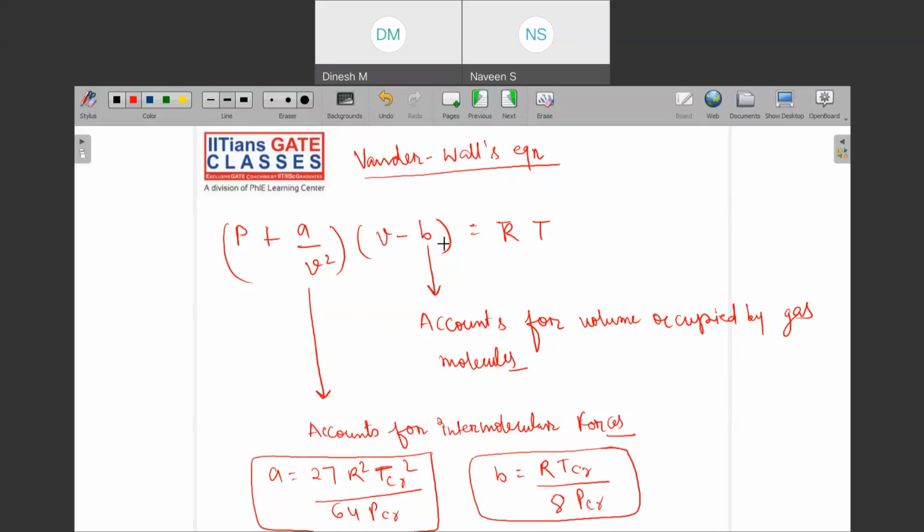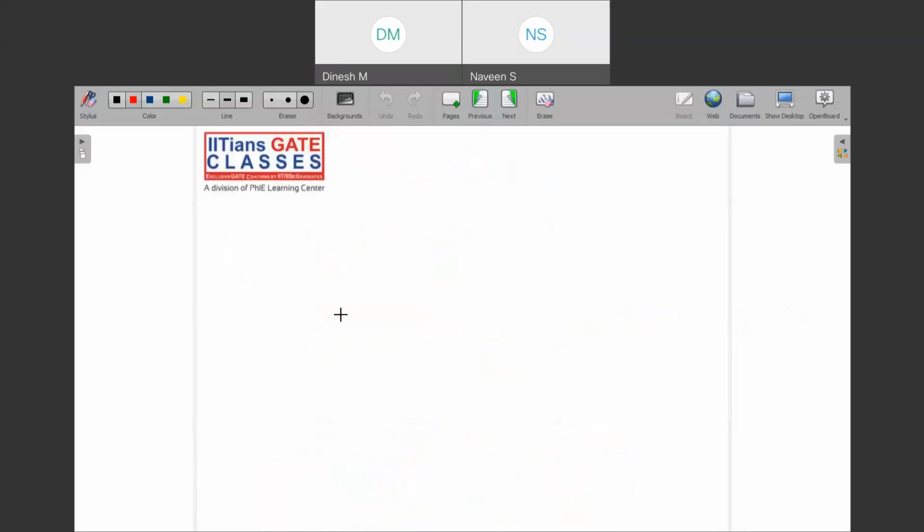So this was about the van der Waals equation. And then we have a few other equations of state. One of them which we have seen variously asked is the virial equation of state.